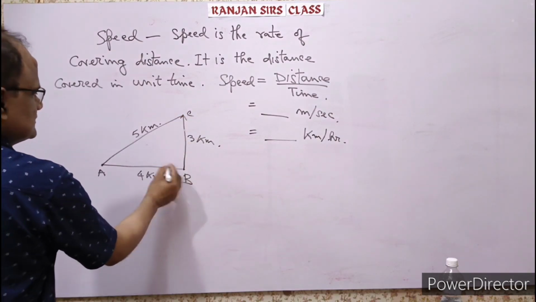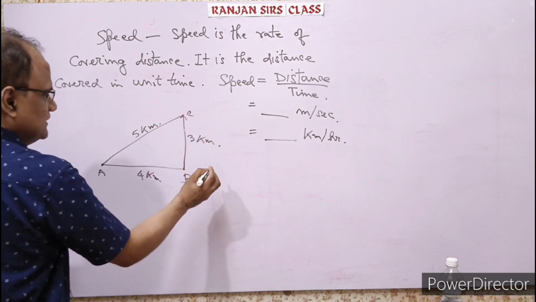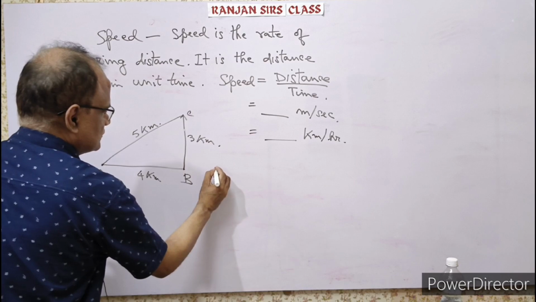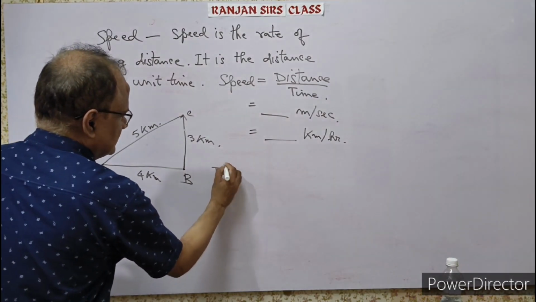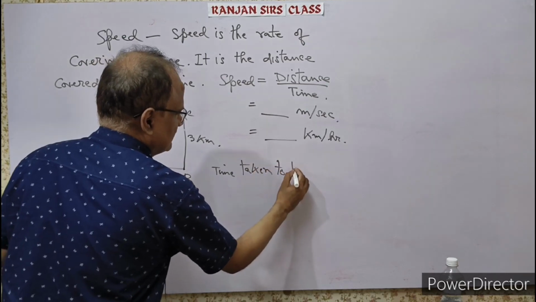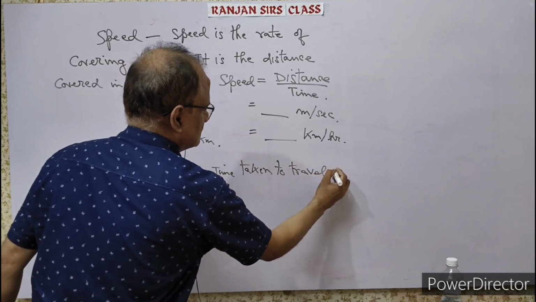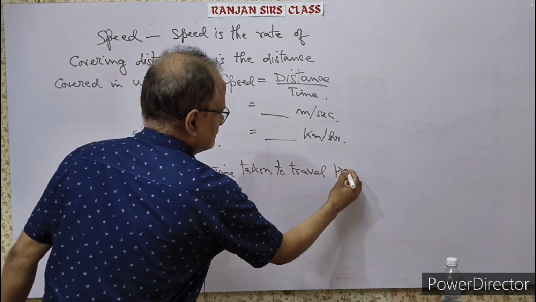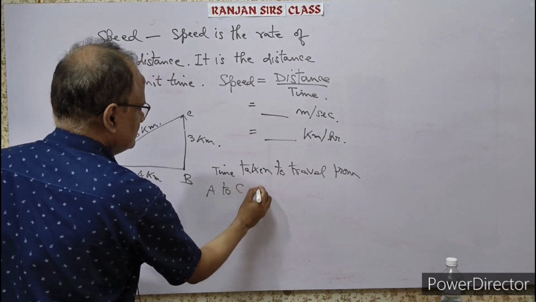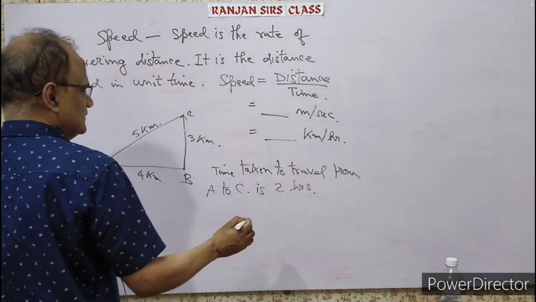So the total distance covered is the total actual path traversed by the body, isn't it? In this case, suppose the time taken to travel from A to C is 2 hours. That's just an example I am giving.